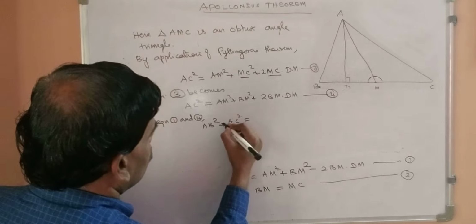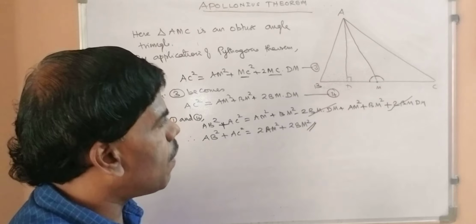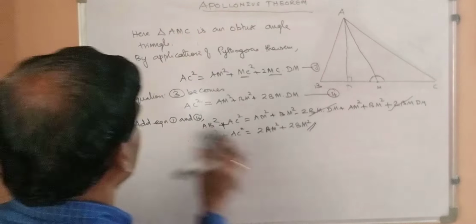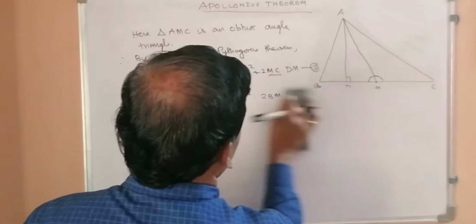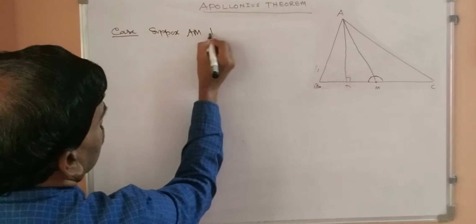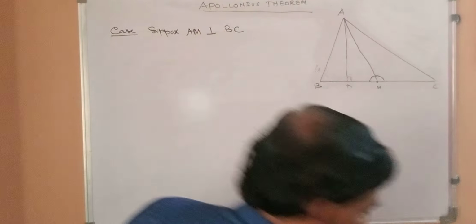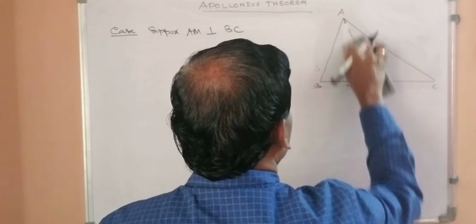Now what happened is, we have taken this AM is not a perpendicular. Suppose AM is a perpendicular. What will happen? Case 2. Suppose AM is perpendicular to BC.